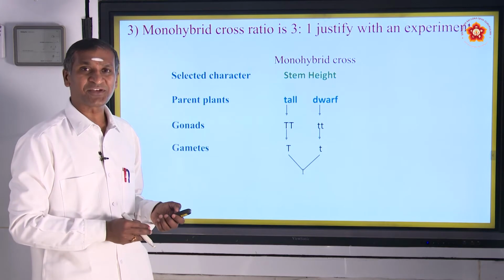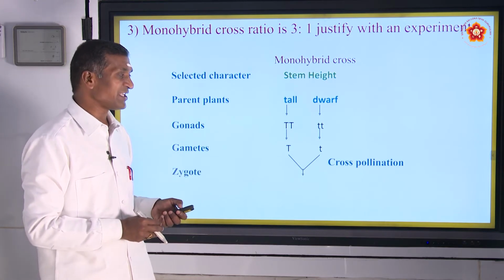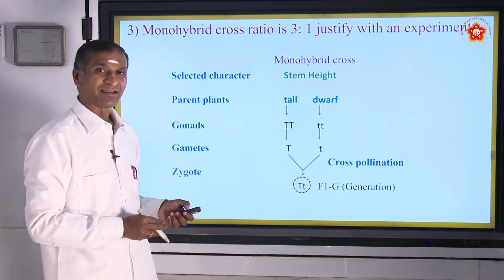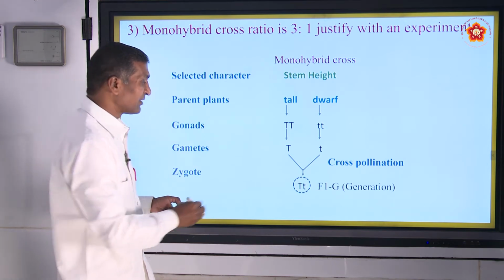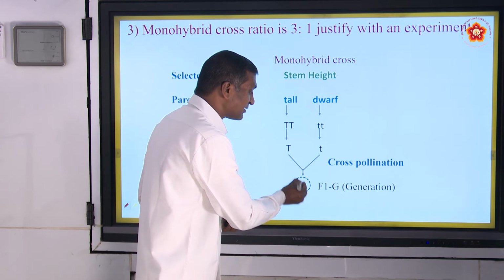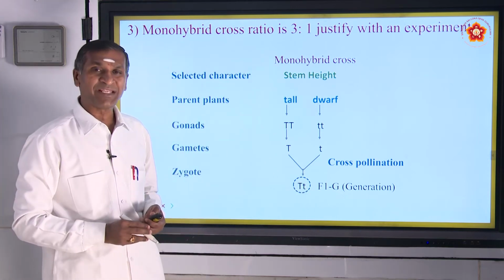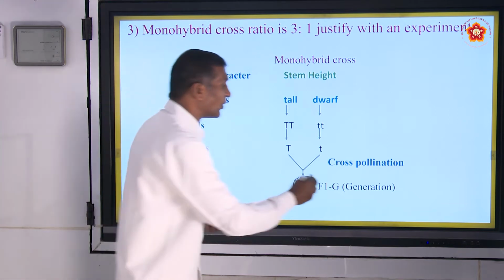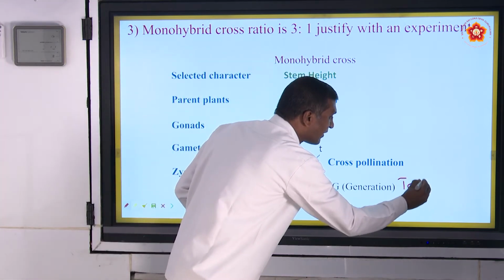The gametes fuse by cross-pollination, and the zygote is formed. In the F1 generation, since the dominant capital T is there in the zygote, all were tall plants.